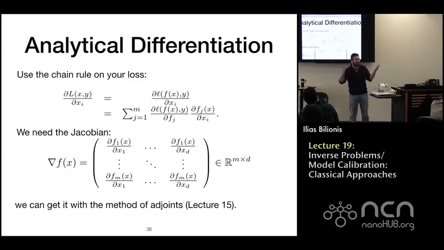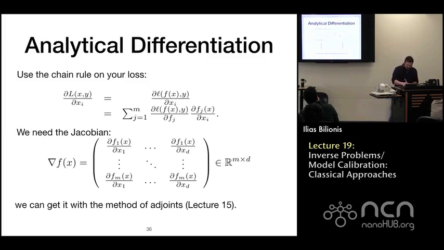The square loss, for example, you can take this derivative, no problem. But you also need this derivative, which is hard because you need to differentiate your model with respect to the parameters. So you need the Jacobian matrix, a matrix of all derivatives. And we discussed this in lecture 15, how to get it with the method of adjoints.